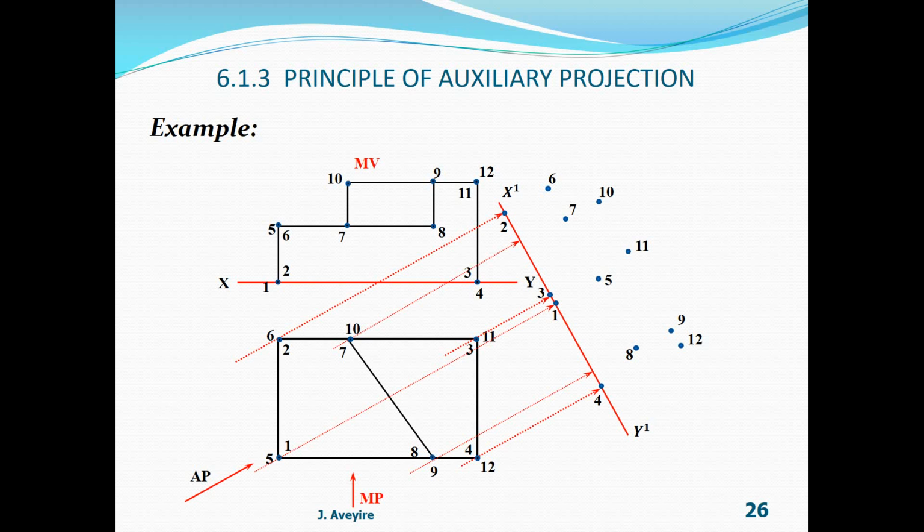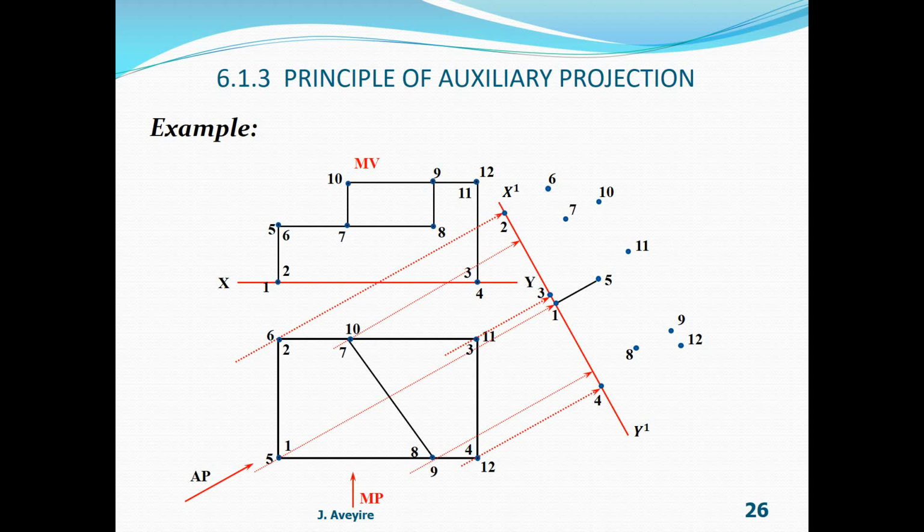So you could imagine yourself standing in the direction of AP. In that position, the closest edge to you is the edge 1, 5. Therefore, that edge 1, 5 must be visible. So you draw the line 1, 5 being visible.